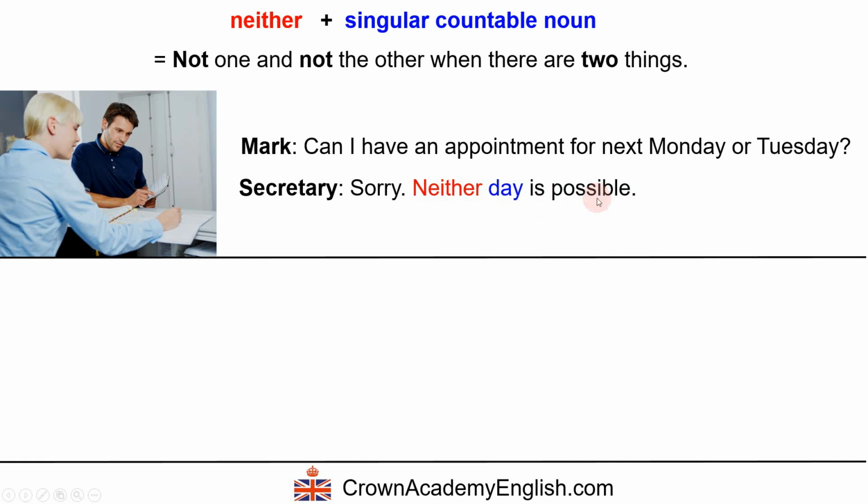Neither day is possible. So we have neither, a singular countable noun, and the verb in the singular form. So this means, sorry, Monday is not possible and Tuesday is not possible. Okay, so neither day is possible.